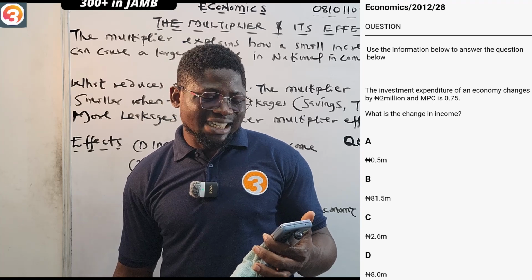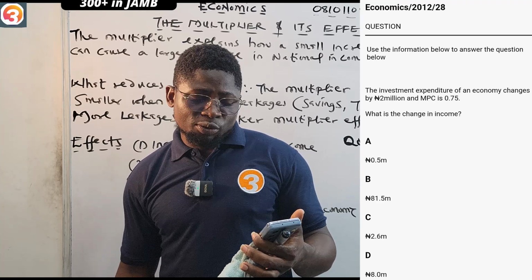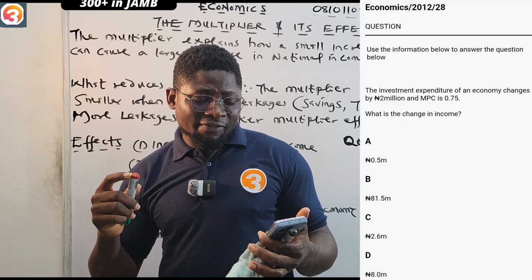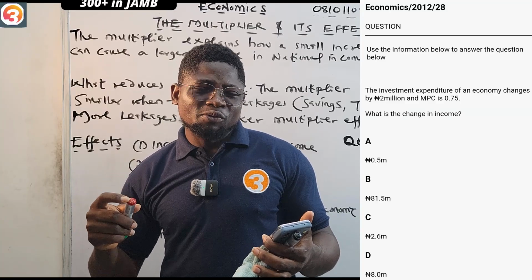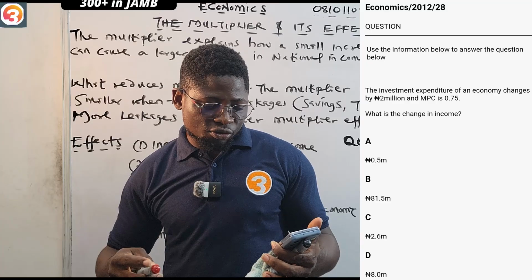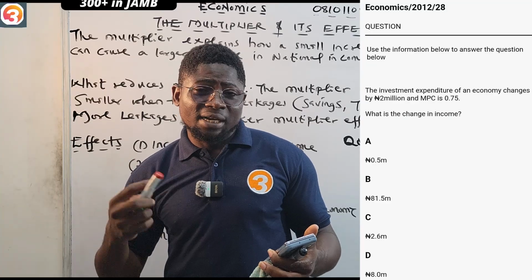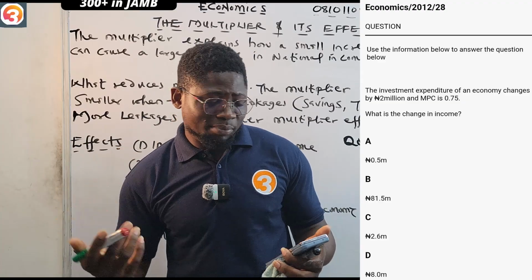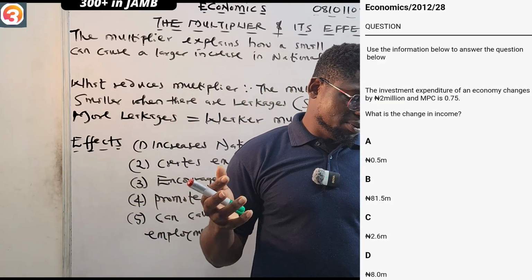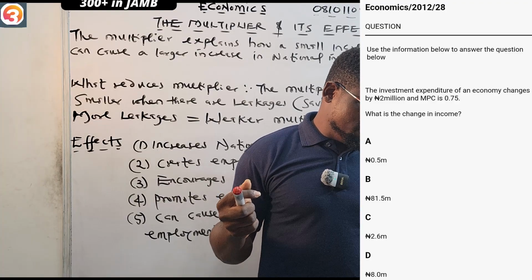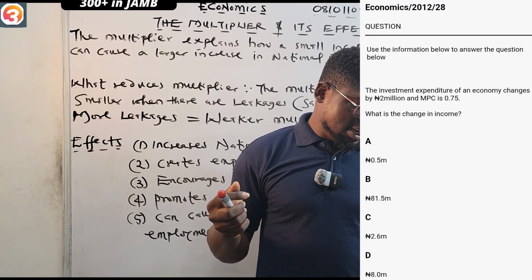We're looking for the change in income, and we are given the change in investment expenditure and the marginal propensity to consume. I'm going to show all of the formulas that we use to calculate the multiplier in this class. A says 0.5, B says 81.5, C says 2.6, D says 8.0.